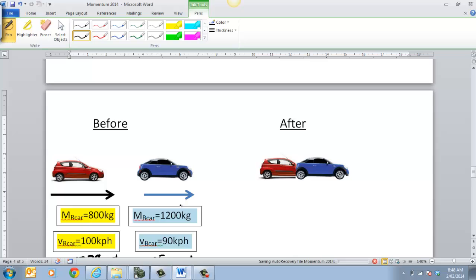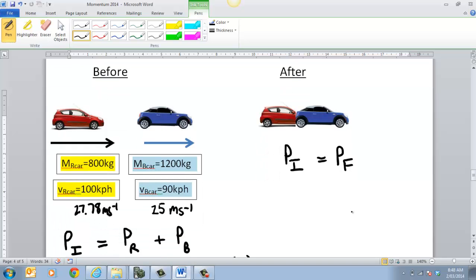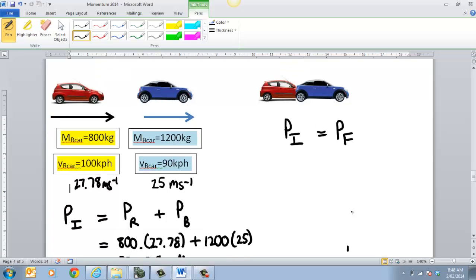What do we know about our situation over here? Well, we know that afterwards our Pi has to be equal to our P final. So what are these cars doing? They're going to have a rear end collision, and then they're going to go off at a combined speed. So we know that our P final is going to be the mass of the red plus the blue times the velocity of the red plus the blue.